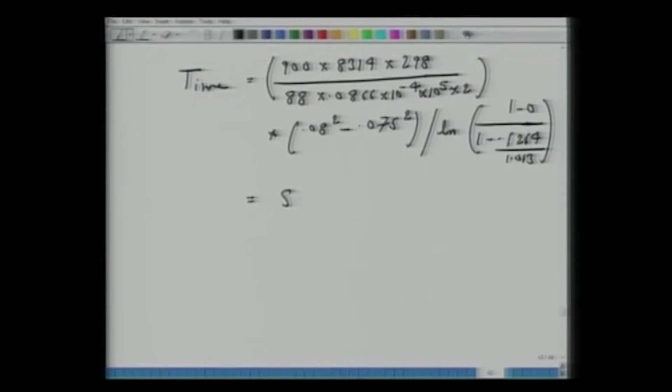This comes out to be approximately 85071 seconds. So it takes a long time for the level of ethyl acetate to decrease from 7.5 centimeter to 8 centimeter.